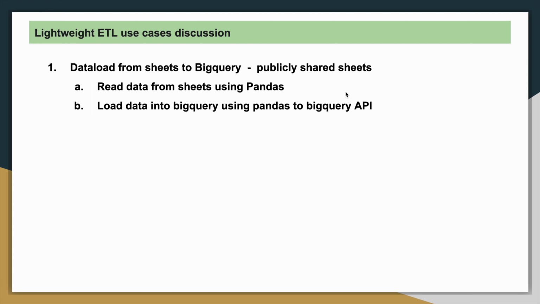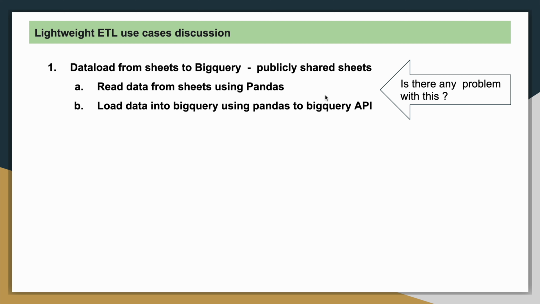With this approach, do you see any issue? Yes, there is an issue. Since your sheets are publicly shared, this is not recommended for a production system. For educational and learning purposes, you can follow this approach, but I won't recommend it for production because the sheet is publicly shared and the data is insecure.